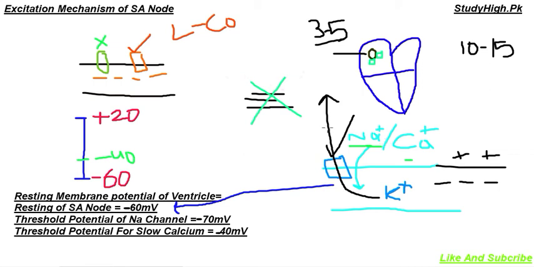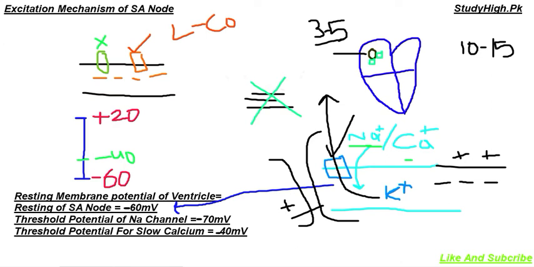If you notice, this cell of the SA node does not depend on any neighbor cell for generation of an action potential. There is no transfer of positive ions from some other cell into this cell through the intercalated disc, because there is a self-excitation mechanism of the SA node. Why? Because it is naturally leaky to sodium and calcium ions.